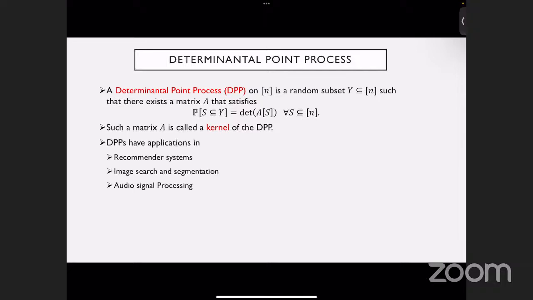Determinantal point processes have various applications in machine learning, which include recommender systems, image search and segmentation, and audio signal processing.